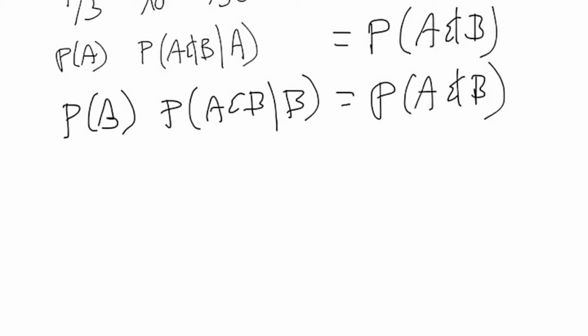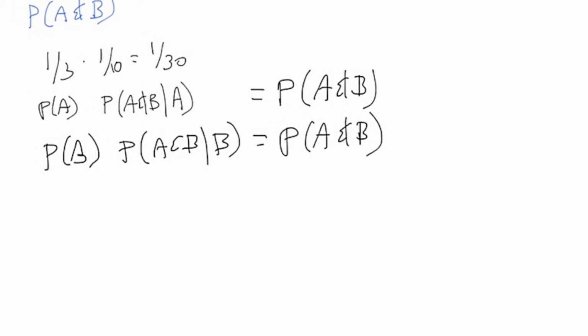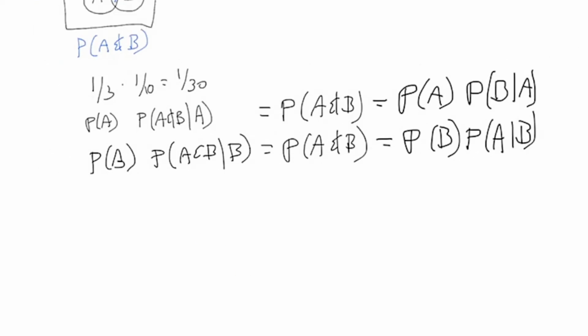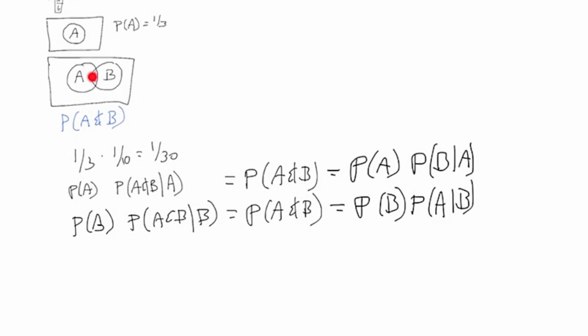So the other thing we can say is that the chance of P of A and B conditional on A is equal to the chance of P of B conditional on A. So another way of putting all of this stuff, and this is just notation really, is P of A times P of B given A, and this one is equal to P of B times P of A given B. That's just a notation thing, but the key thing is that what that shows is that chance of getting A and B conditional on A is the same as the chance of getting B conditional on A, because the only parts of B that you can land in conditional on A are the parts of B that are shared with A, that is, the parts that are in this little area in between here.